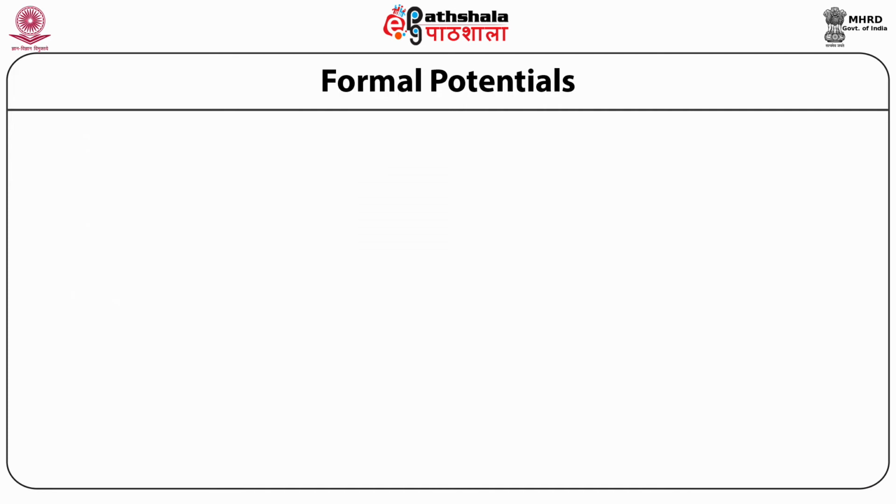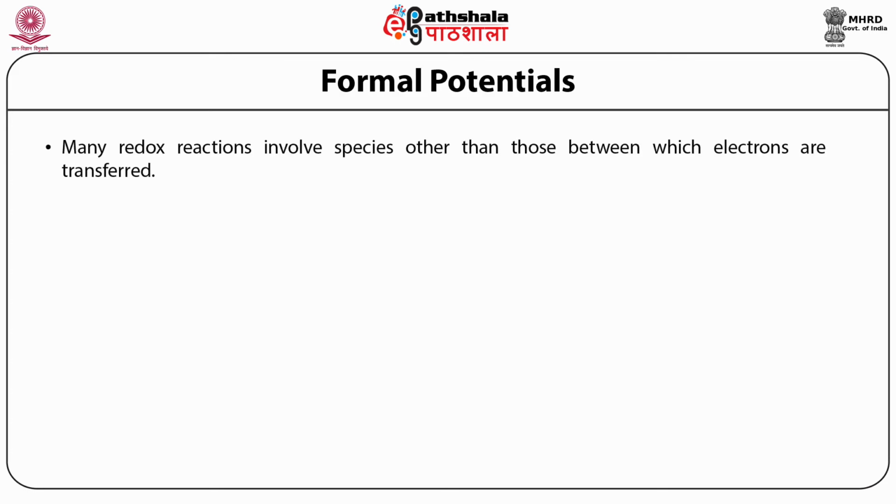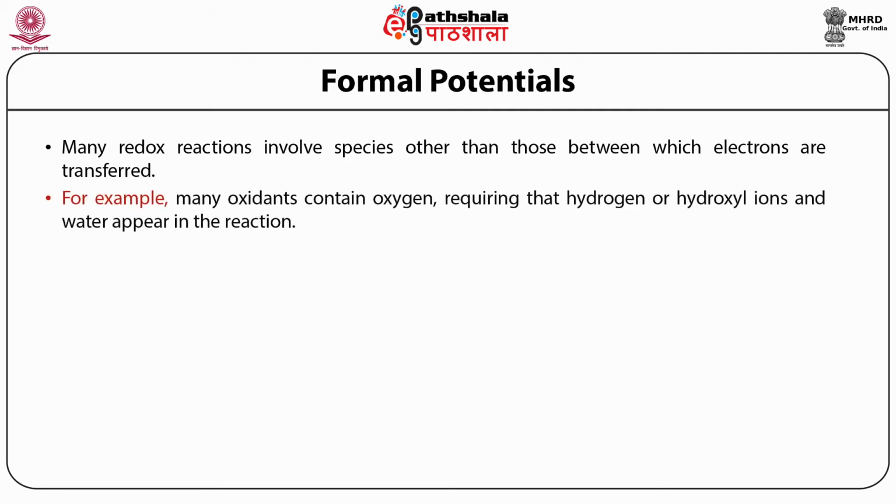In an electrochemical analysis or electrochemical cell, consider formal potentials. Many redox reactions involve species other than those between which electrons are transferred. For example, many oxidants contain oxygen, requiring that hydrogen or hydroxyl ions and water appear in the reaction.